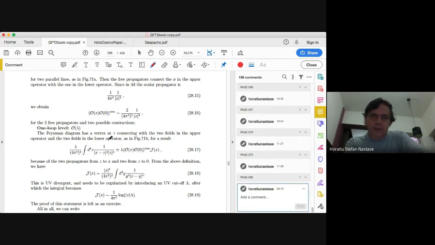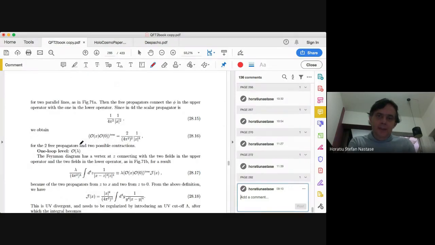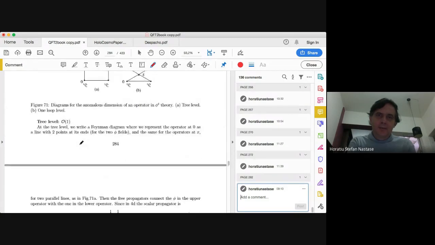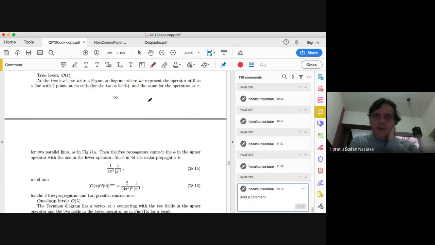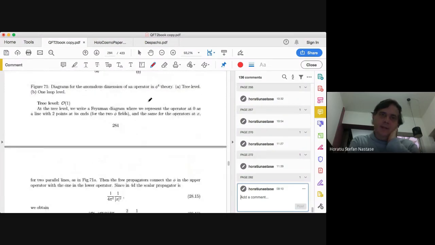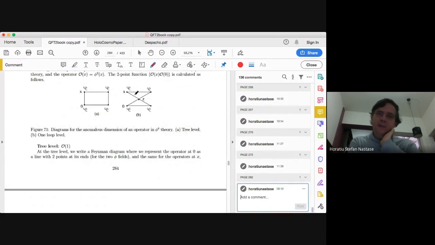So then the Feynman diagram is just this vertex lambda, and now I have 4 propagators: 2 from x to z, this is one, this is the second, and 2 from z to 0, this is one, this is another. And then, of course, in the Feynman rules, I also have integration over z.